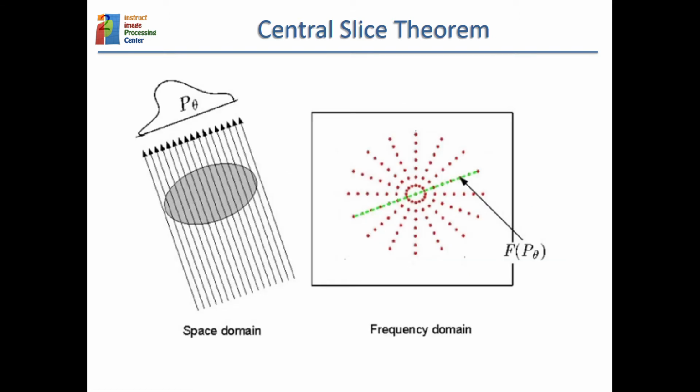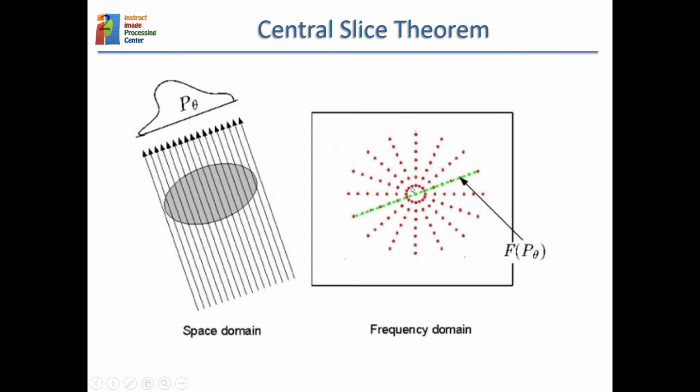So when we have many projections, here we are representing just one of them, we know that the Fourier transform of this projection will be one of the lines. And since we have many other projections, we have many other lines. And all these lines intersect at the origin of the 2D Fourier space.